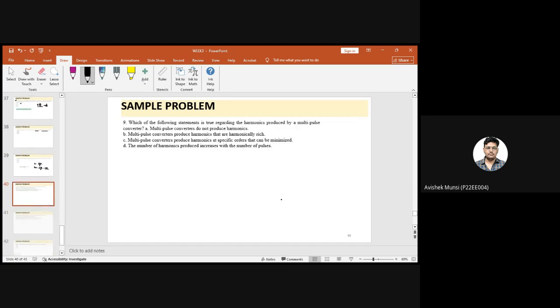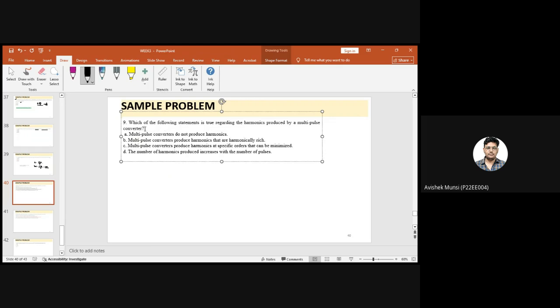Now the next question: which of the following is the correct statement? One: multi-pulse converters do not produce harmonics. Two: multi-pulse converters produce harmonics at specific orders. Three: the number of harmonics produced increases with the pulses, pulses in the sense of the phase. So try to answer it.